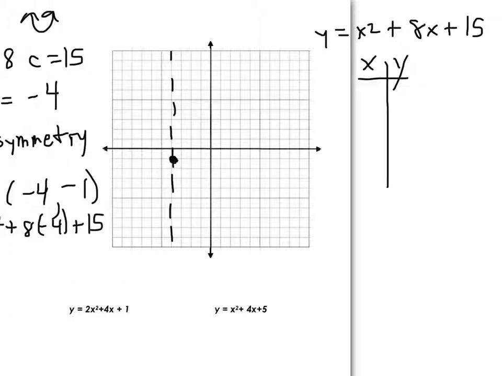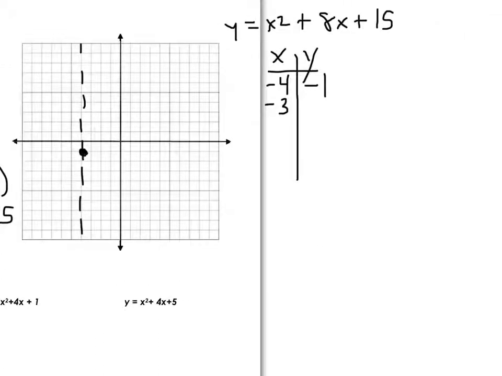So we know that if it's negative 4, it's negative 1. Let's try negative 3. Negative 3 squared is 9 minus 24 plus 15. That's 24 minus 24 gives us 0.